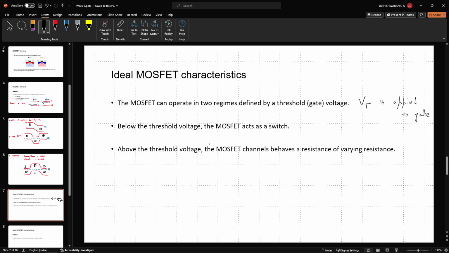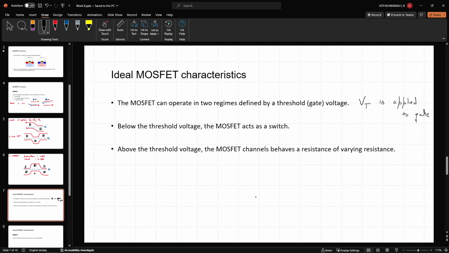Now below the threshold voltage, the MOSFET acts as a switch. What is a switch? A switch will not allow any current conduction up to a particular voltage value, and beyond that voltage value, it will start conducting current freely.